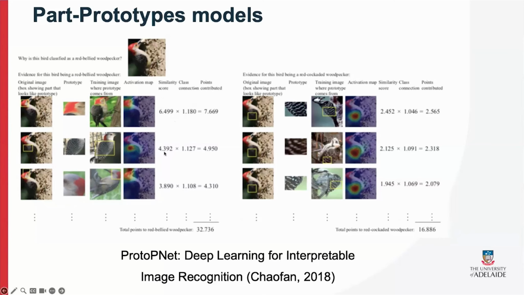Those similarity scores are aggregated with this class connection or weight, which tells us how important a patch example is to a class. This weight will vary across different classes. Finally, they are summed up to get the score for the red-bellied woodpecker. This process is applied the same for the class of red-cockaded woodpecker here, with a score of 16. So here the score is 32, which is higher for the red-bellied woodpecker, and this is the decision of the model.